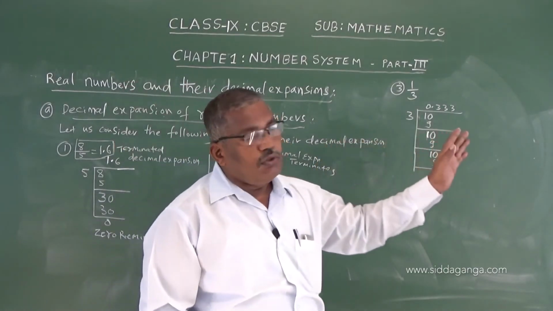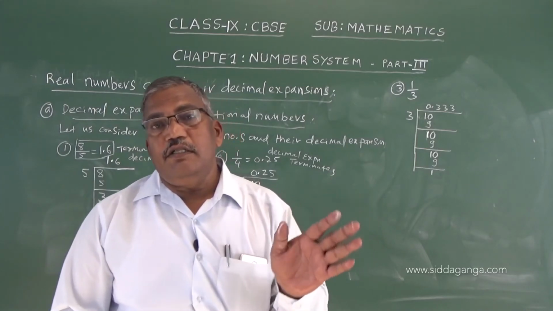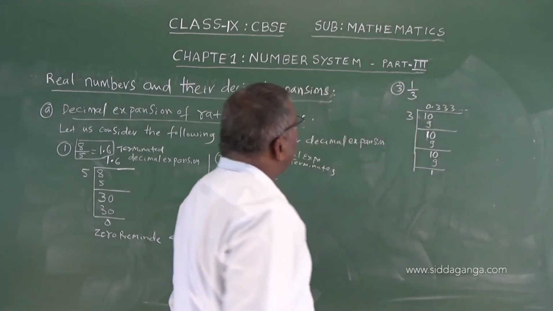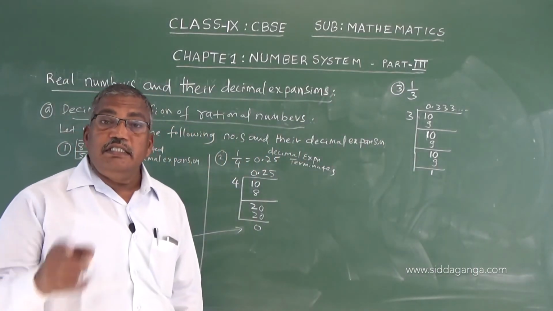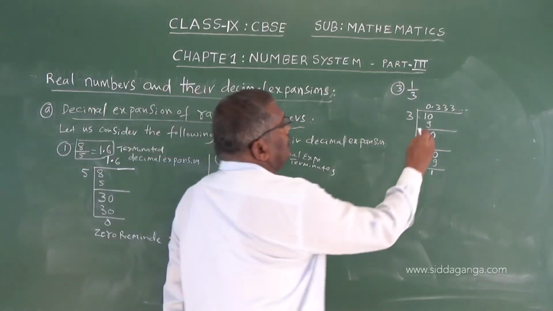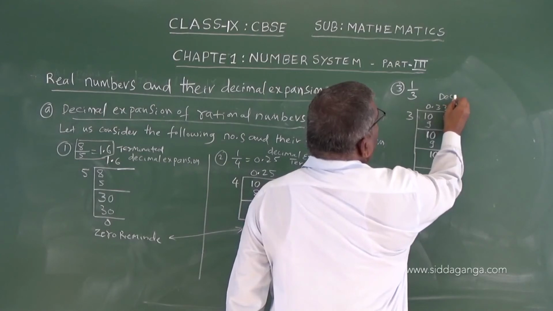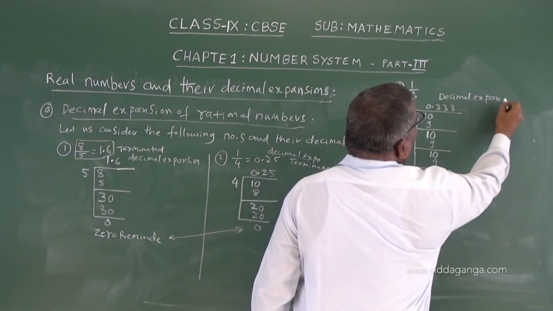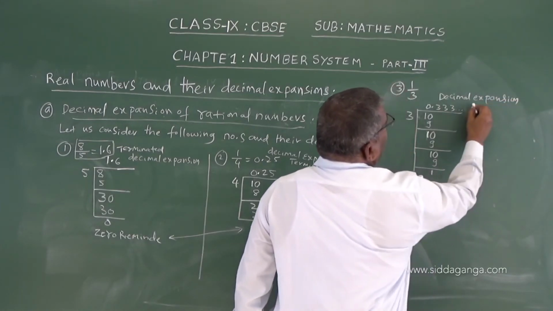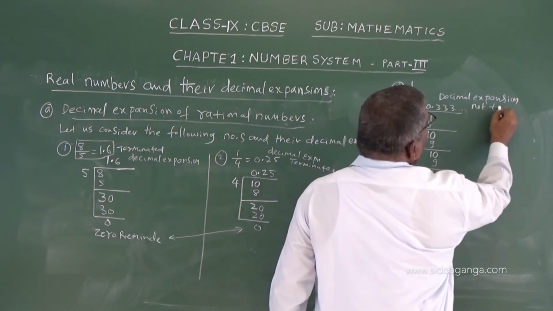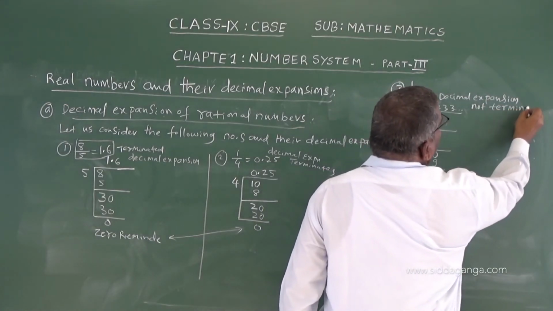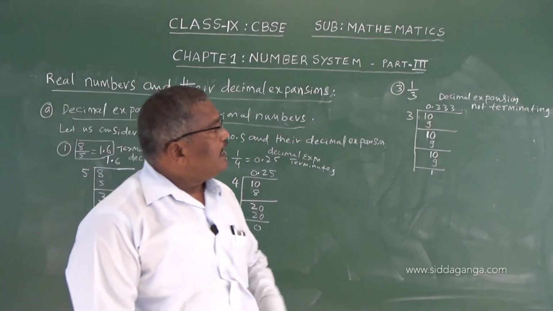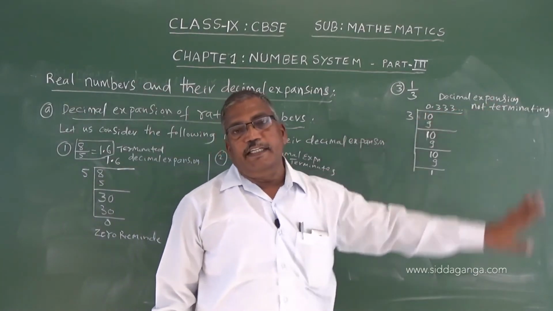So it will continue to grow, 0.33333 like this. The decimal expansion is not terminating. And one more thing you have to observe here: again we are getting 33333.